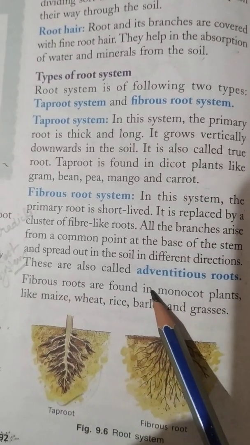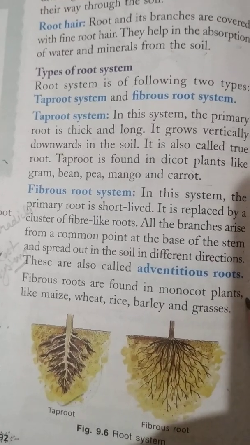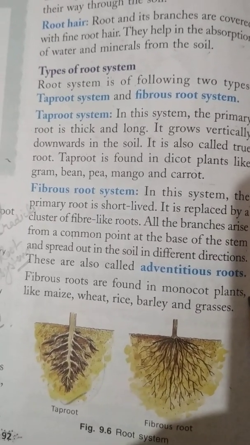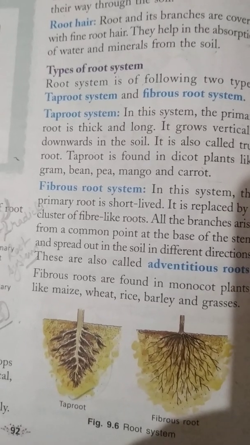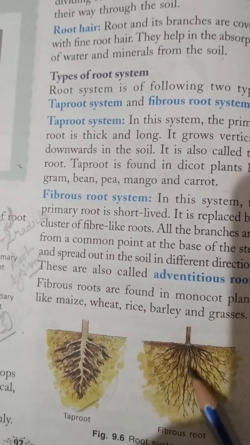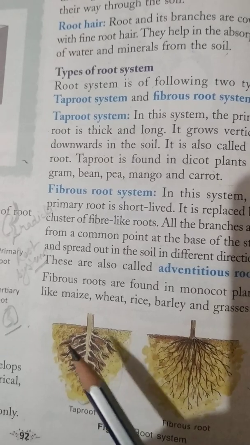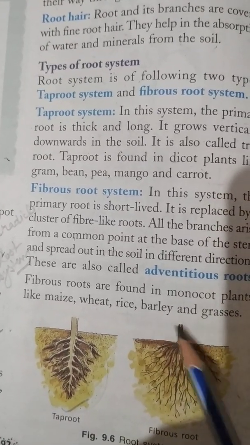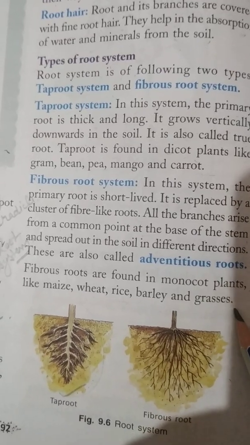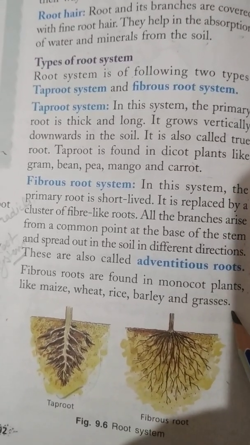Fibrous roots are found in monocot plants. So all the plants that bear a single cotyledon in their seeds are having this fibrous root system. Maize, wheat, rice, barley and grasses all are having a fibrous root system.